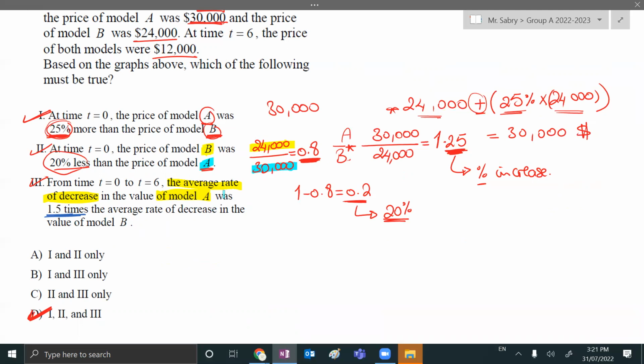Does that make sense, Mohamed? So it is true, choice 2.